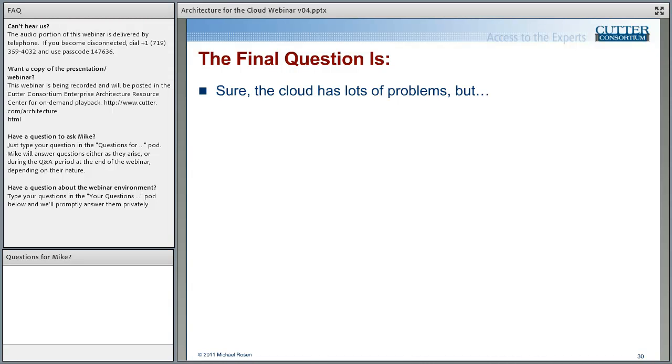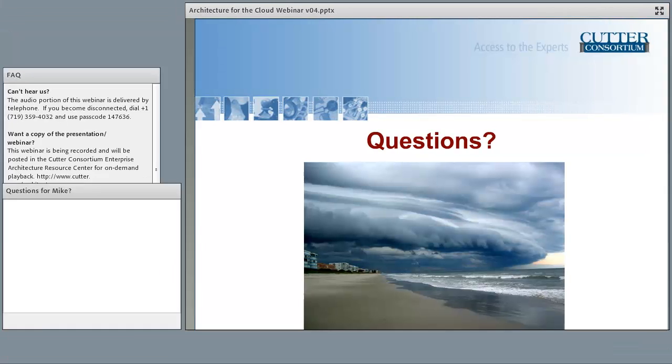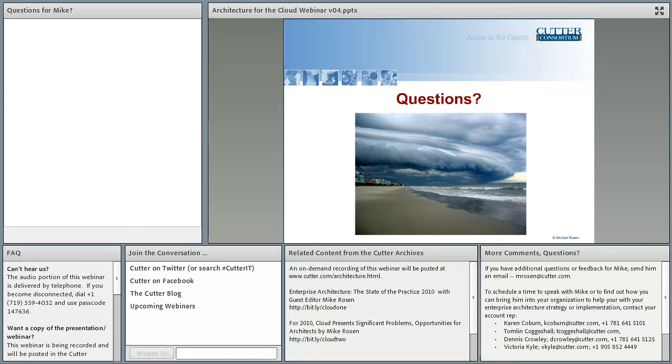The cloud is going to provide an option that we want to take advantage of. But as architects, we want to take advantage of it in the context of the enterprise and the context of all of these other issues and all of the other things that we have in place so that we increase value and not increase complexity. So that's my pitch today, and thank you for listening, and I guess at this point we'll take some questions.